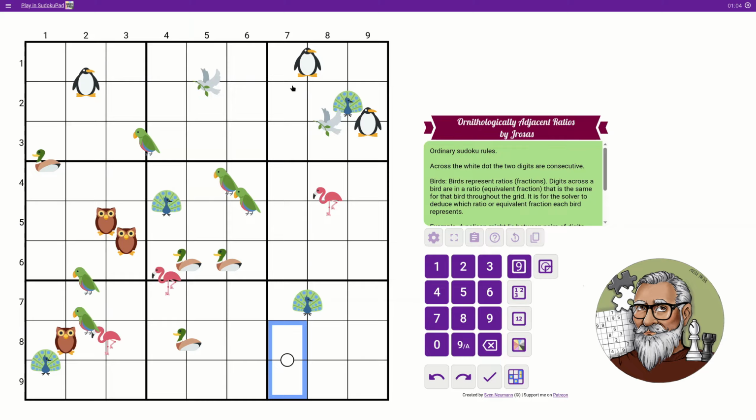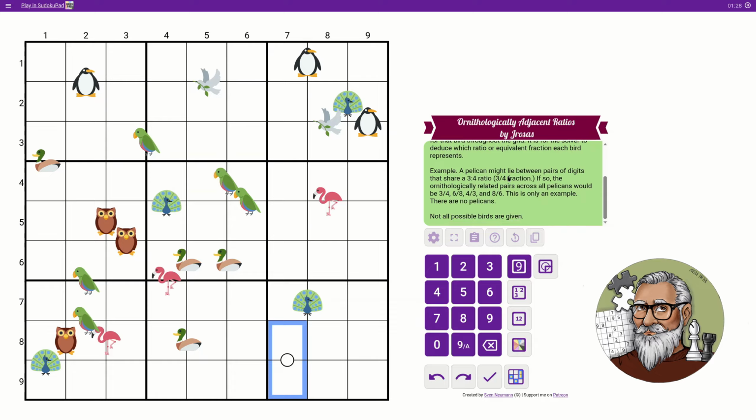It is for the solver to deduce which ratio or equivalent fraction each bird represents. Example, a pelican might lie between pairs of digits that share a 3 to 4 ratio, 3/4 fraction. If so, the ornithologically related pairs across all pelicans would be 3, 4, or 6, 8, or 4, 3, or 8, 6. This is only an example. There are no pelicans. Not all possible birds are given.